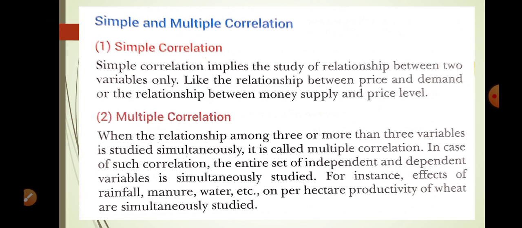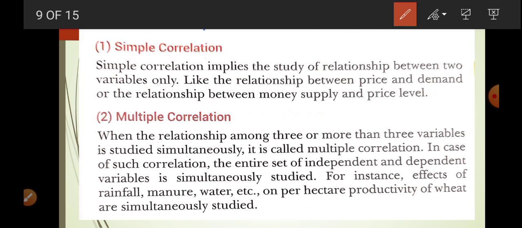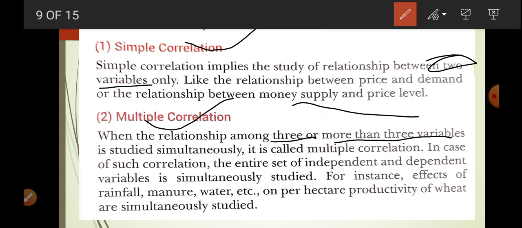Now, come to the next, simple and multiple. Simple correlation is a study of only two variables. When only two variables are given, this is known as simple correlation. When there are three or more variables and you find out the relation, this is known as multiple correlation. What is the example of simple correlation? Law of supply, law of demand.